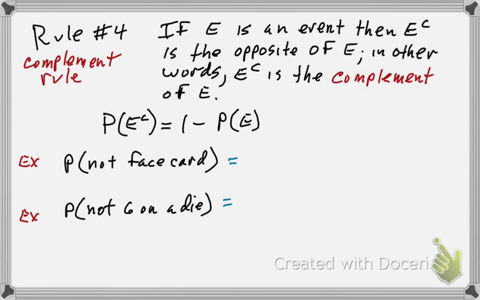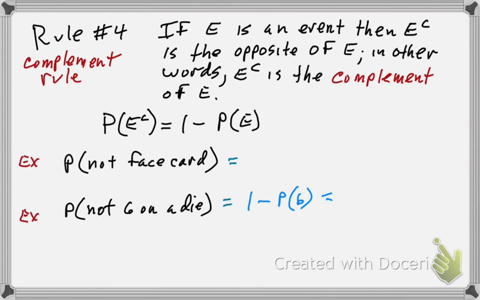If I want the probability of, well, let's say on a die, what if I want the probability of not getting a 4? Or look down here at this one at the bottom. Probability of not getting a 6. I could say, well, that's the same as 1 minus the probability of actually getting a 6.